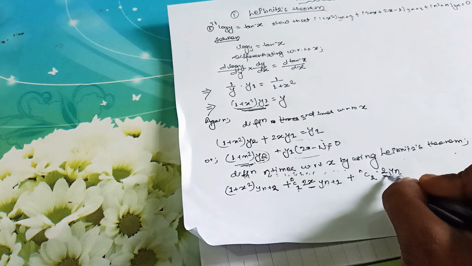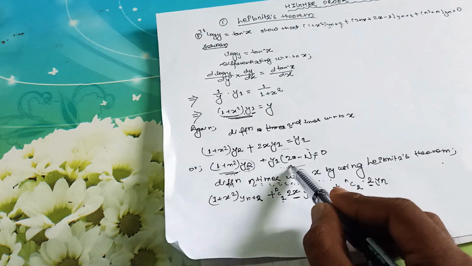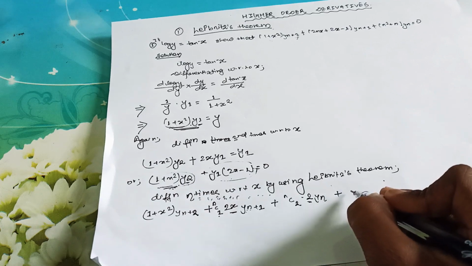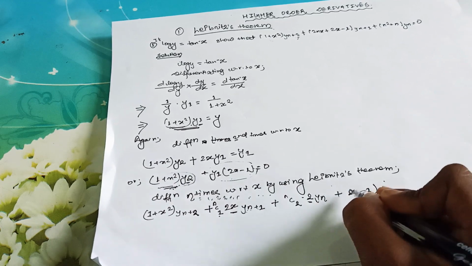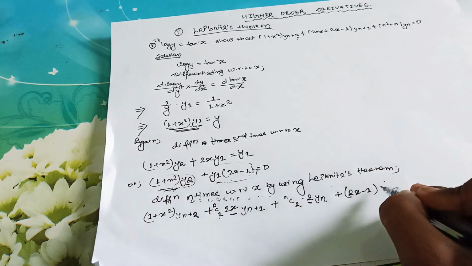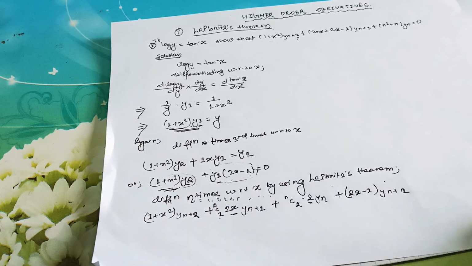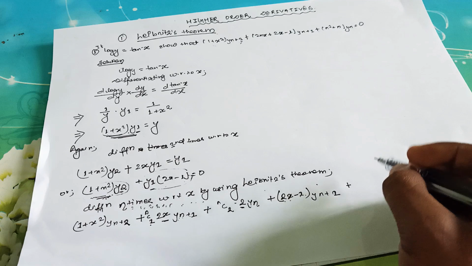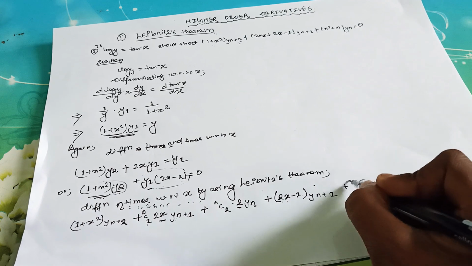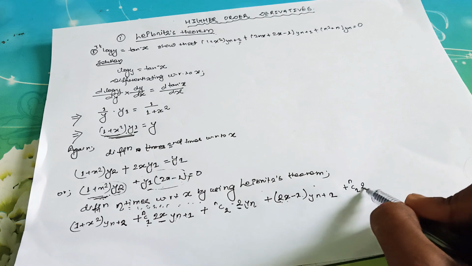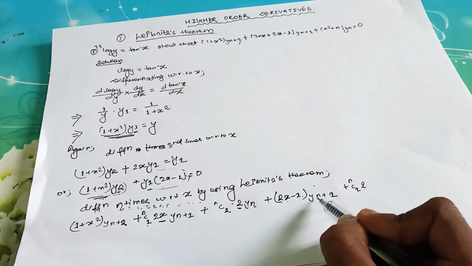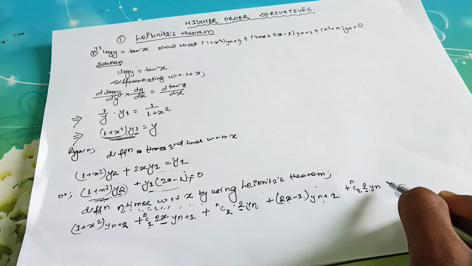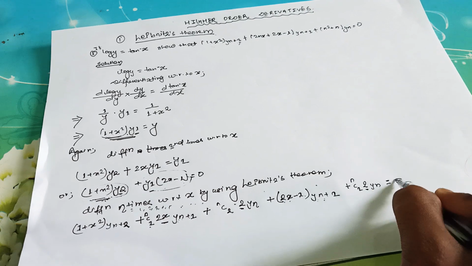After isolating the 2's values, we go to the second term, y1 times (2x minus 1). It is written as (2x minus 1) y(n+1), plus nC1 times the derivative of 2x minus 1, which is 2, times yn. Since 2 is a constant, we do not need to differentiate further, and 0 is equal to 0.